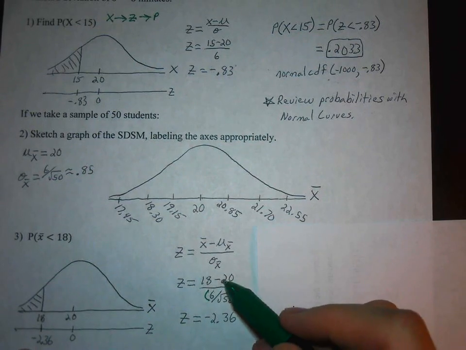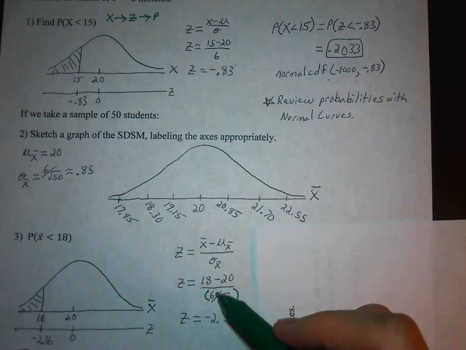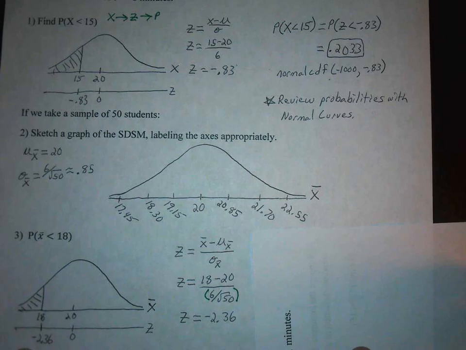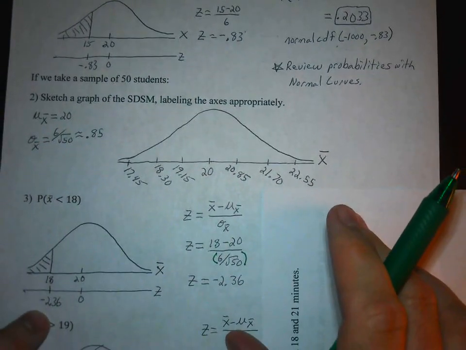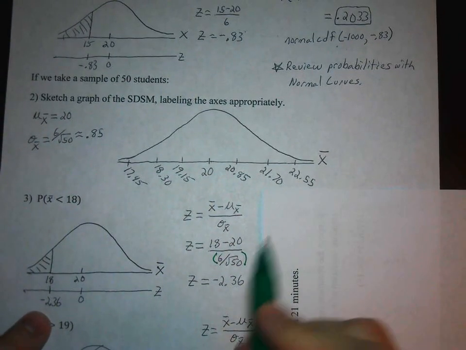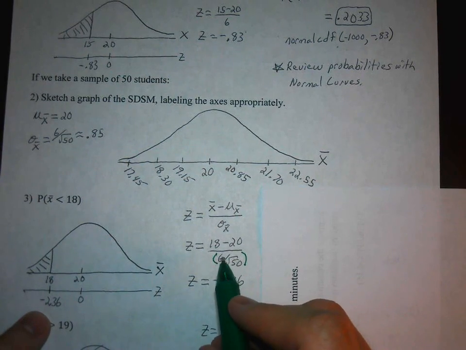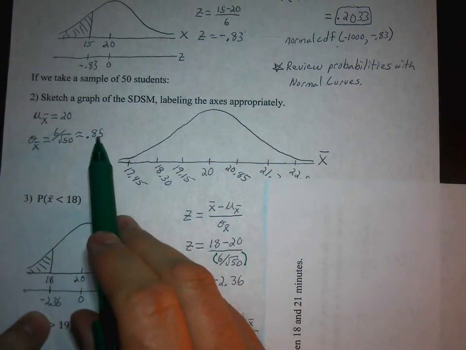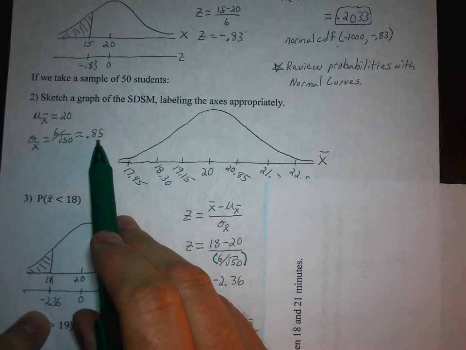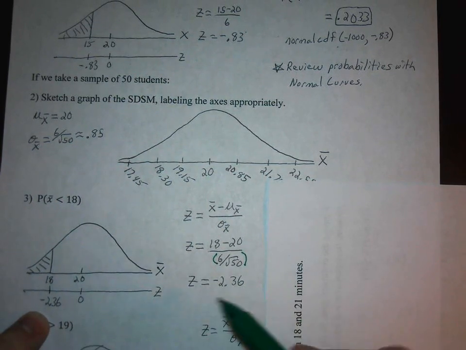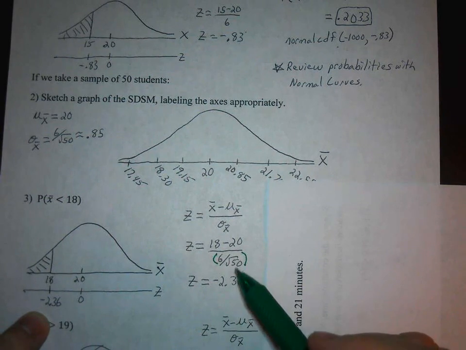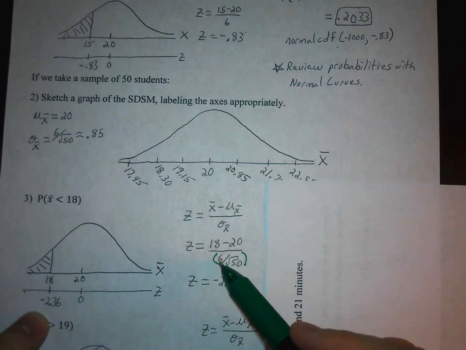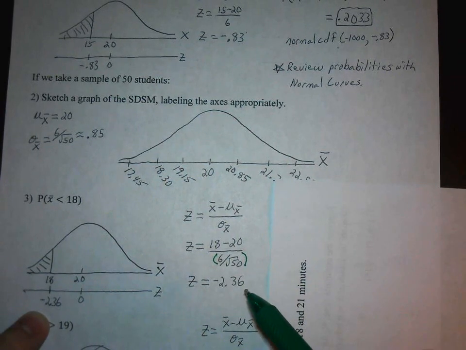Do 18 minus 20, which is negative 2, and then divide that answer by 6 over the square root of 50. You should get negative 2.36. I'm putting 6 over the square root of 50 in the calculator, not the rounded value of 0.85, to avoid rounding errors in the z-score. Don't round that; you round your z-score.